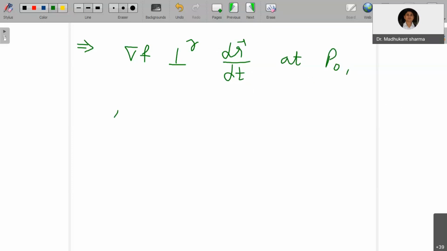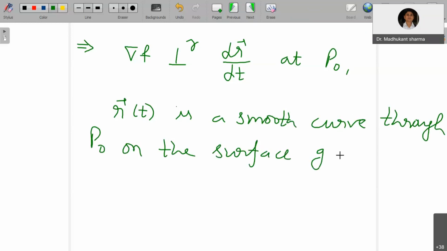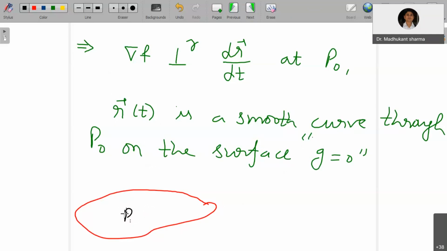So what is R? R is nothing but a smooth curve through P naught on the surface G equals to 0. Now, note that this is a curve. Somewhere G equals to 0 is there, a surface, over which you have a curve. Let's say this is P naught. So you have a smooth curve passing through P naught.